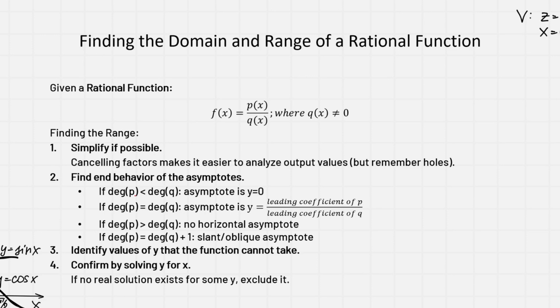And last, if the degree of p is equal to the degree of q plus 1, okay, if the degree of p is equal to the degree of q but added by 1, there's a slant or oblique asymptote in the graph. When we say oblique, it is a slanted asymptote.